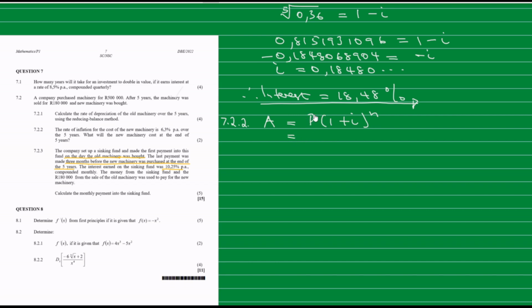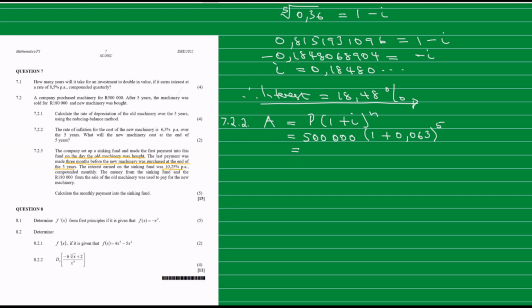So meaning that we have got a principal amount which is 500,000, which is going to accrue interest over the 5 years. So our 500,000 is going to multiply (1 + i), where i is the interest rate, which is 6.3%. We can write that as 0.063. It is the inflation rate per year, every year. So we leave that once a year and we raise that to the power 5.